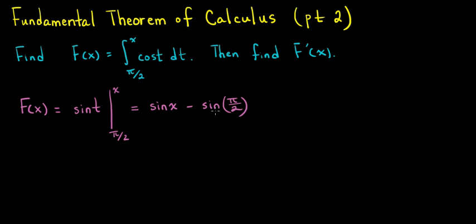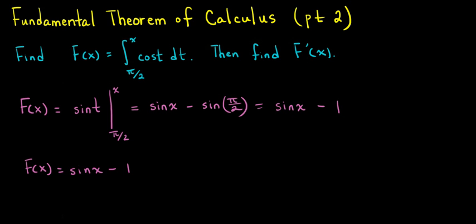And we can simplify this a little bit more. We know what sine of pi over 2 is. We have sine of x minus, and sine of pi over 2 is just 1. So what we're saying here is that big capital F of x is just equal to sine of x minus 1, and that wasn't too hard to do.